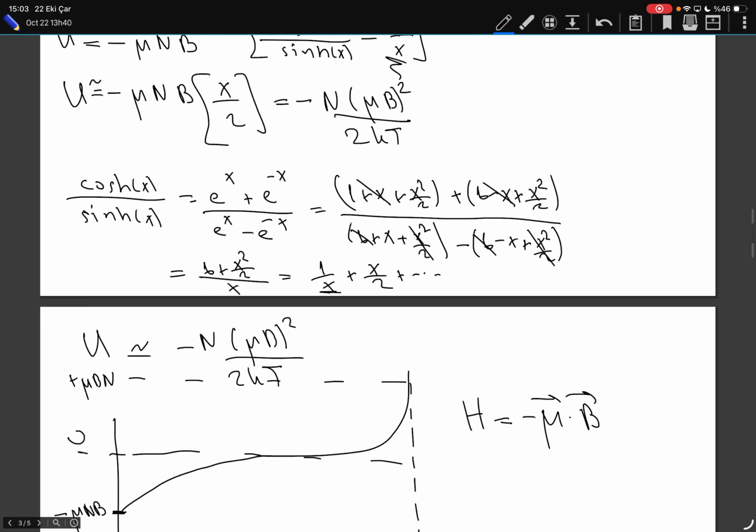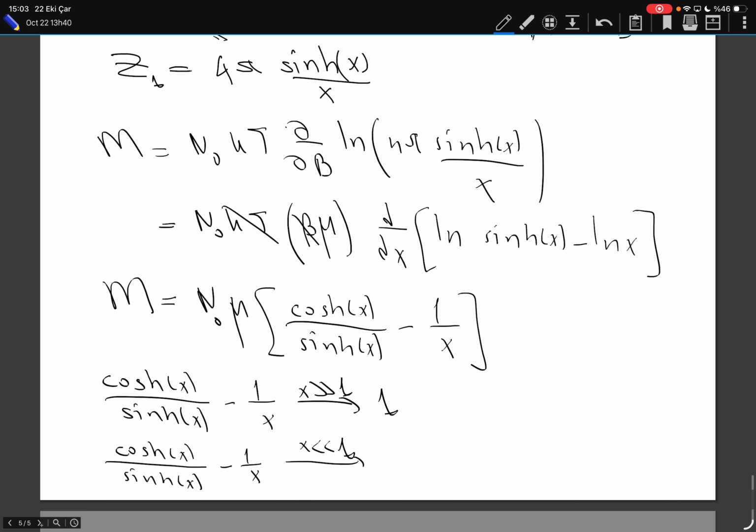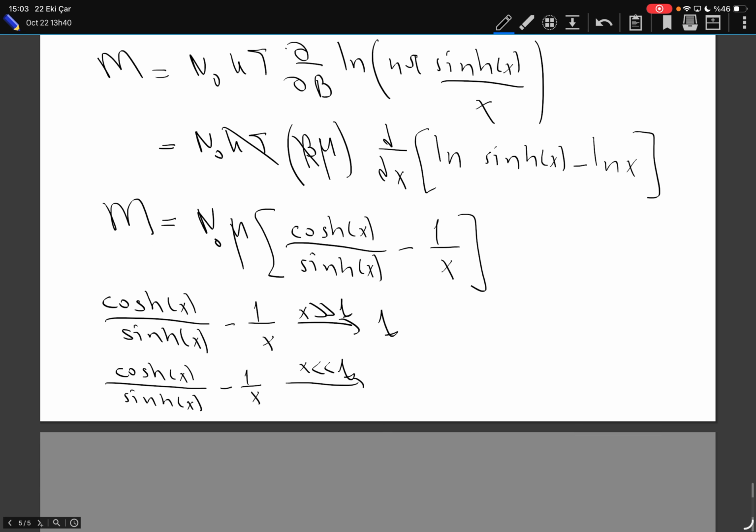When x is very small, cosh over sinh is this function over here, 1 over x plus x over 2. This is just x over 2.